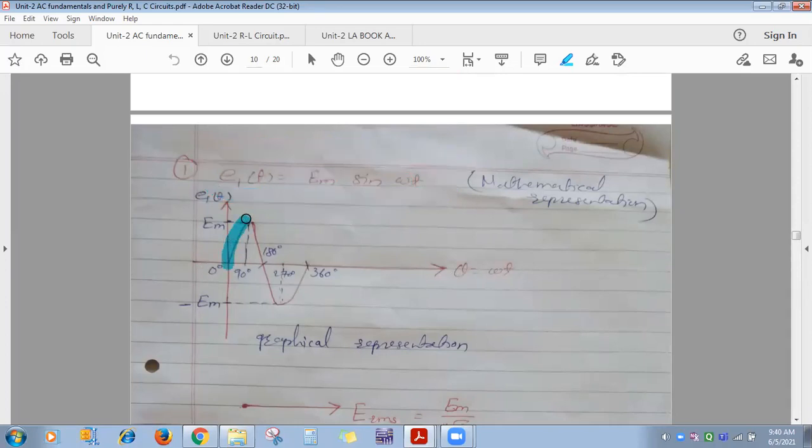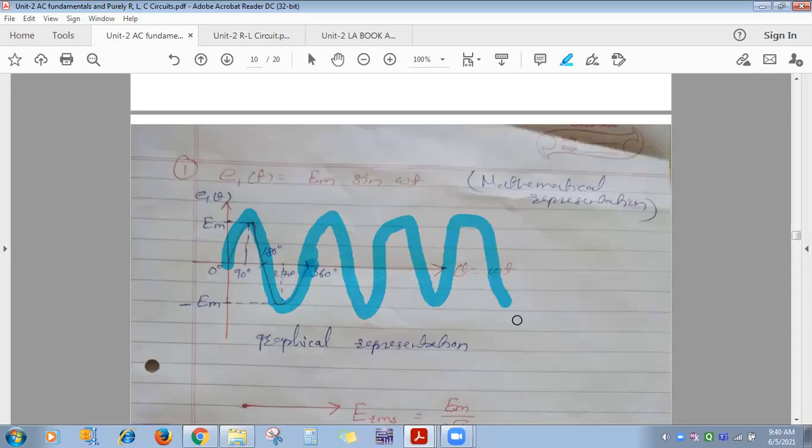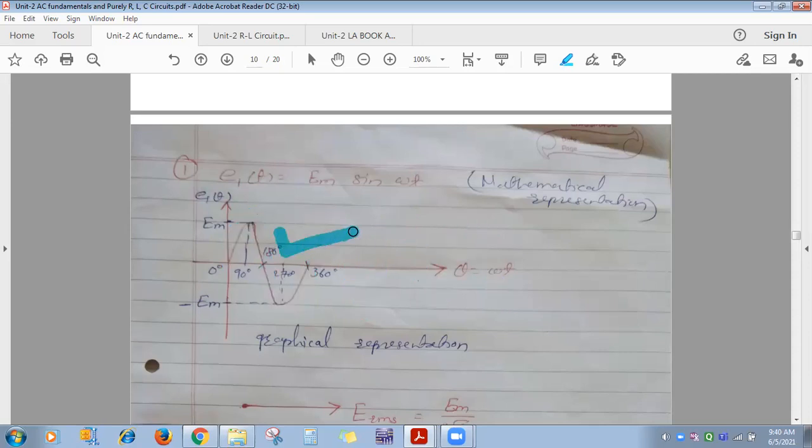In this waveform, the first positive peak is at 90 degree, the first negative peak at 270 degree, and the value is 0 at 0, 180, 360 degree, and so on. The cycles repeat like this. This is a purely sinusoidal AC waveform. This is the graphical representation, and this is the mathematical representation.